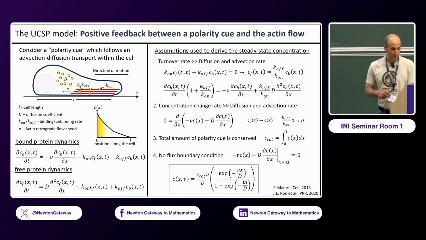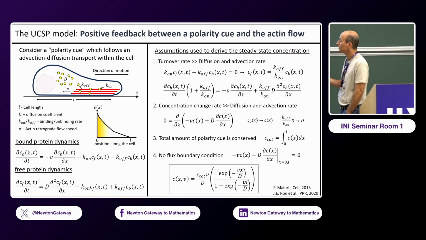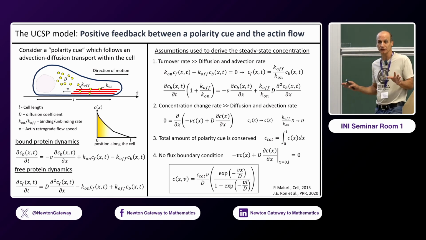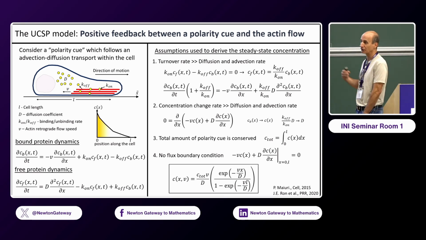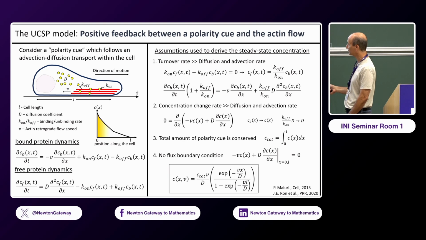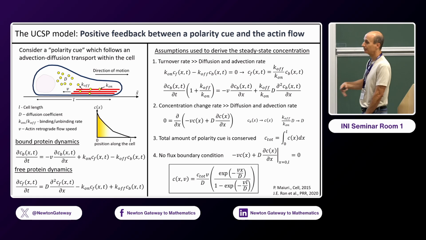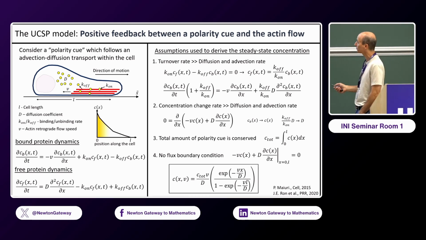So the simplifying assumption that I will make in all that I will show you is that the changes in the velocity of this conveyor belt are the slow process, and the fast process is the diffusion of this internal molecule, so that at all times we can use the steady state distribution of these molecules, and the only dynamic variable is just the velocity of this actin flow, which will be the slow variable that affects everything. Okay, so we're reducing the dimensionality of the problem.